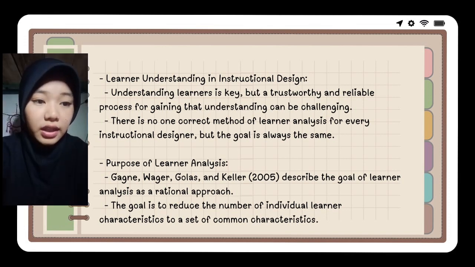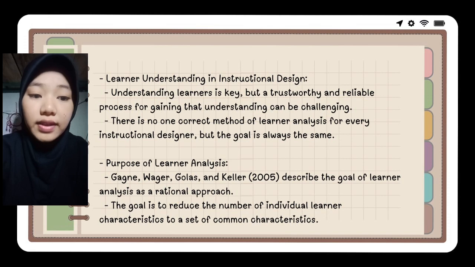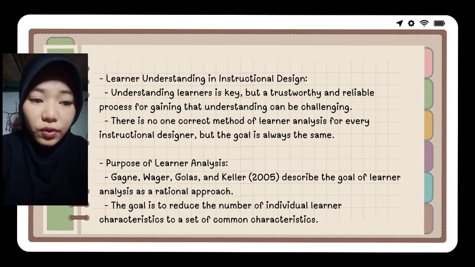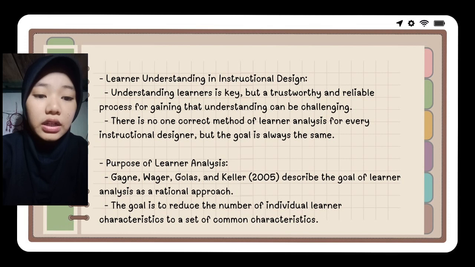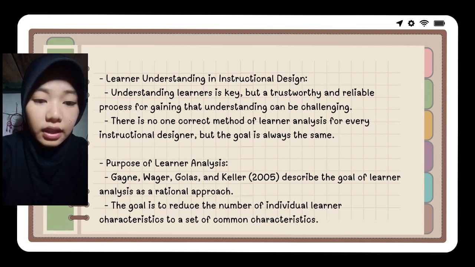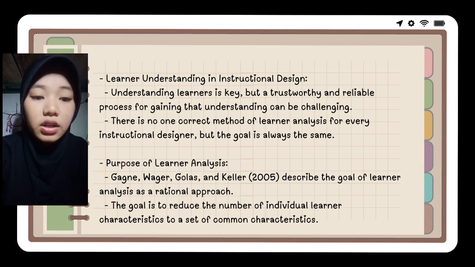Wiggers, Goles, and Keller explain the goal of learner analysis as a rational approach to reducing the vast number of individual learner characteristics to a single set of general characteristics that make instructional planning feasible, through the identification of common learner characteristics that have a direct impact on the instructional design, and the range of learner experience and abilities that will affect the learning result.